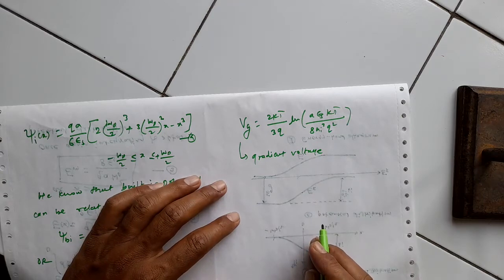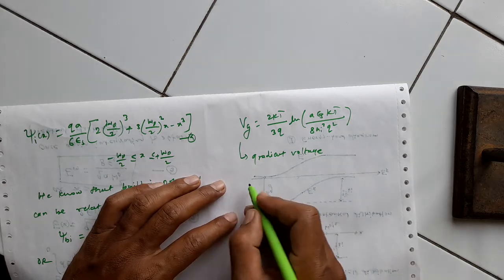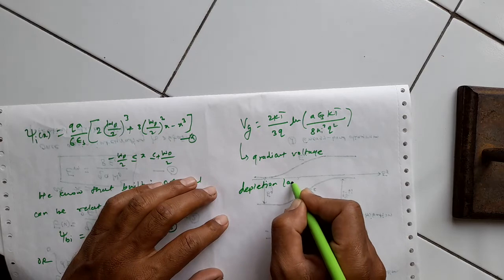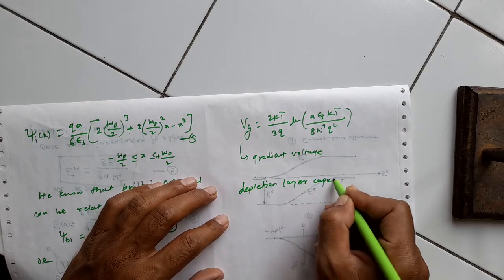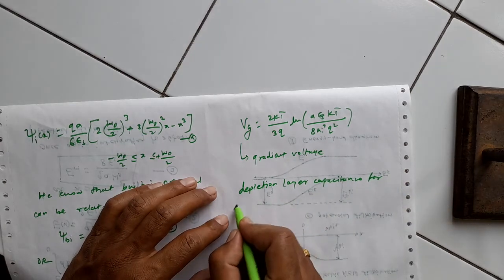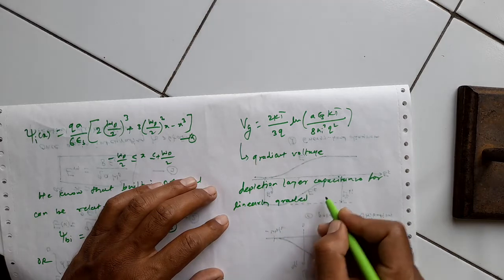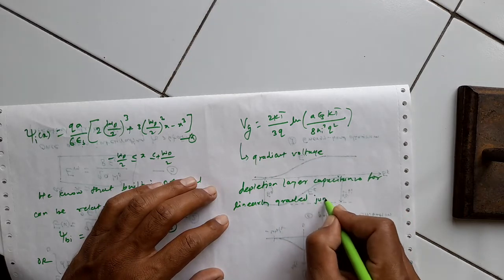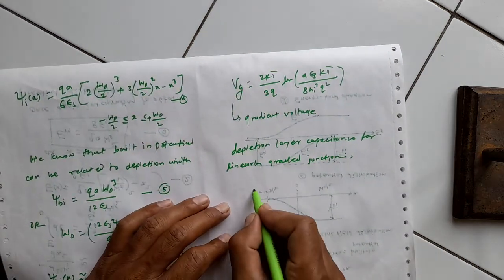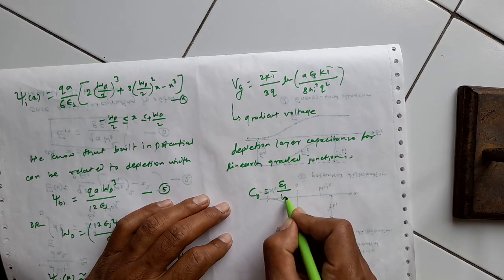The depletion layer capacitance for a linearly graded junction is C d equal to epsilon s upon W d.